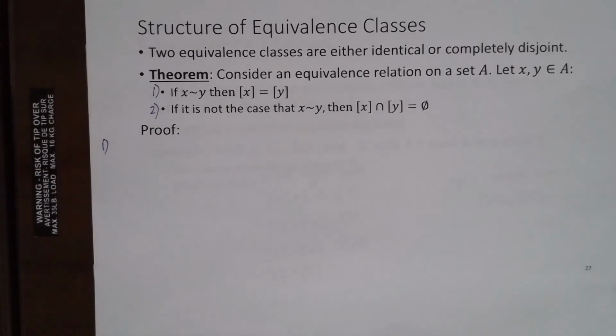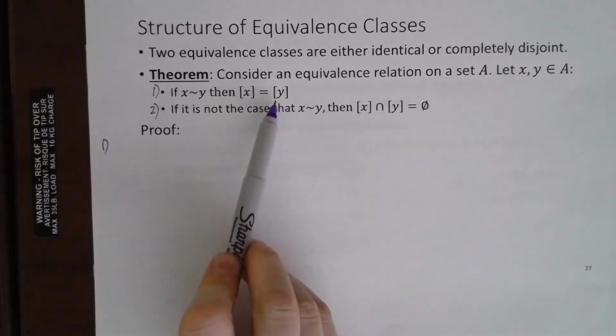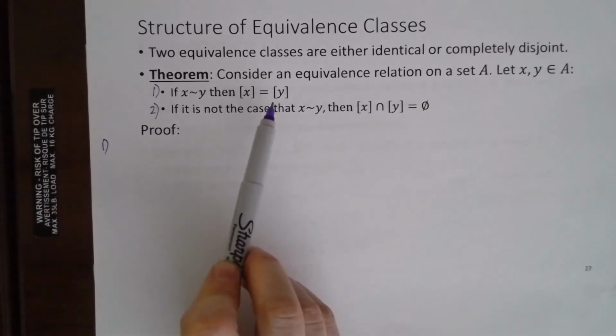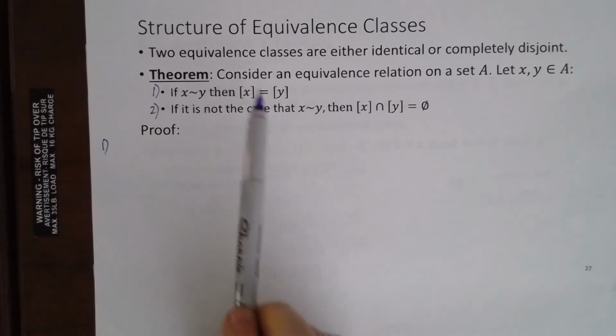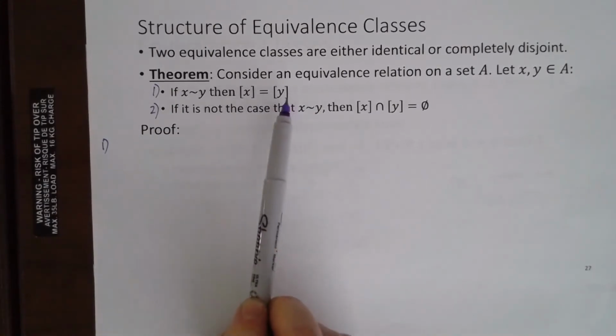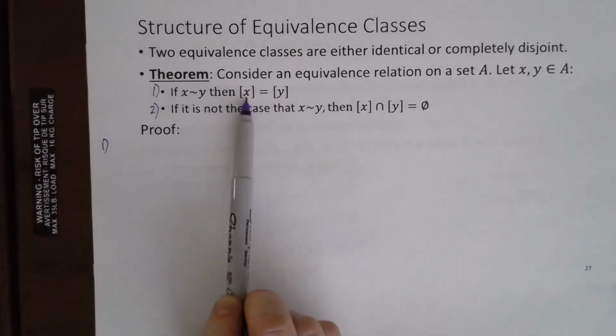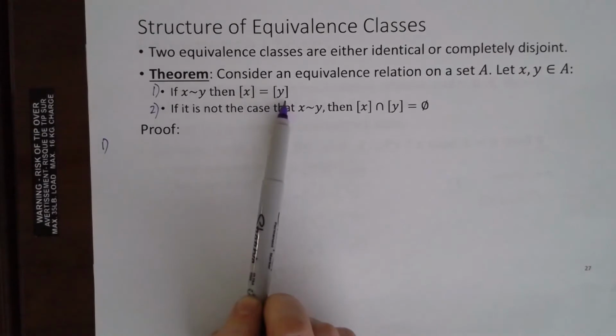If you think back, I know this is a long time ago, but the way that we define two sets to be equal is that for every element that's in the first set, it also has to appear in the second set. So if I can pick an arbitrary element in the first set and show that it has to appear in the second one, then I'll show that they're equal.